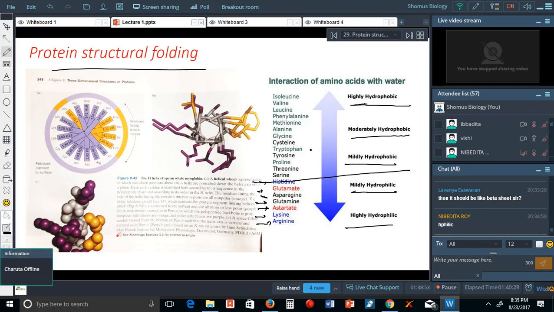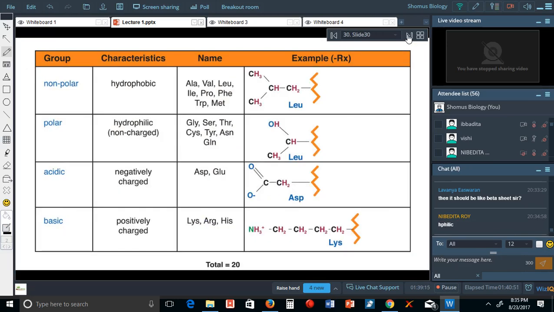Then moderately hydrophobic will be tryptophan, cysteine, glycine, all these. Highly hydrophobic will be isoleucine, valine, leucine, phenylalanine, methionine, alanine, all these examples. So you need to remember these parts, because this part and the single letter code of all the amino acids are really important, because they can give you any kind of analytical question from this part.